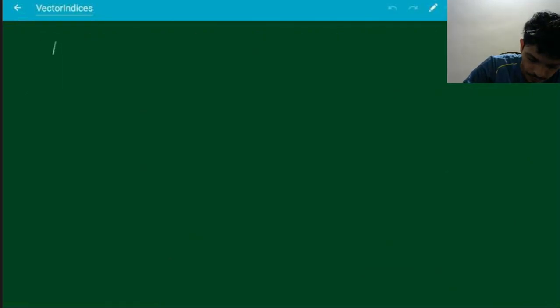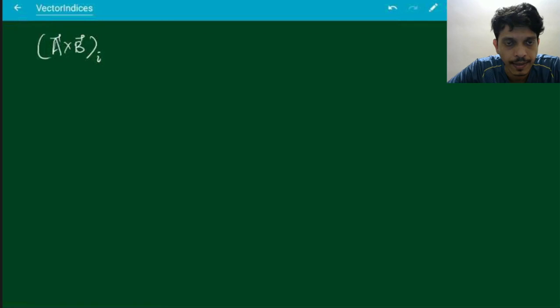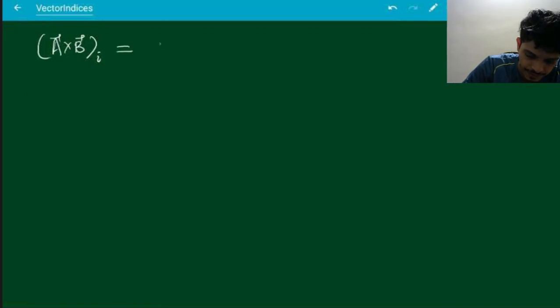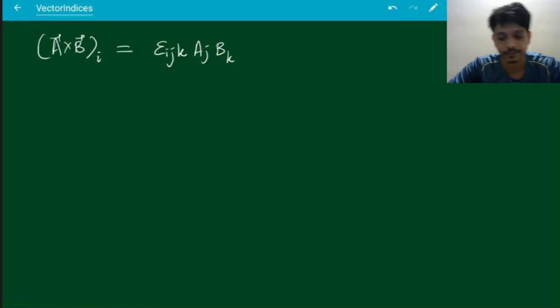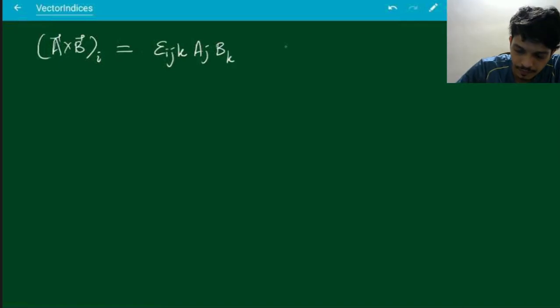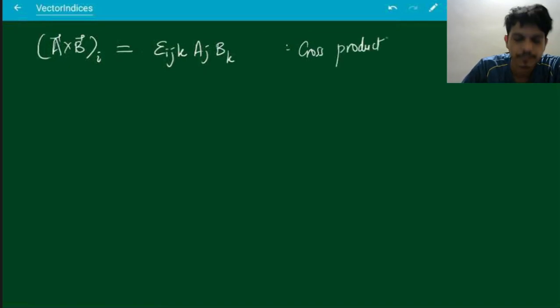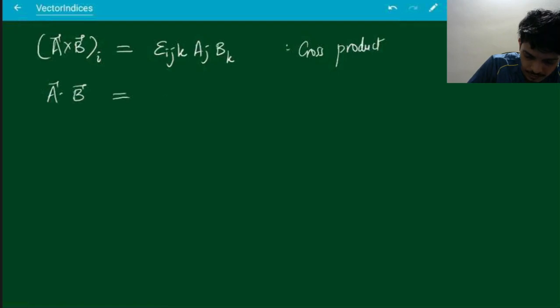If you take a cross product A cross B and you want to find the i component of this, where i can be 1, 2, 3, then this is defined as epsilon ijk aj bk. And A dot B we saw was just ai bi.